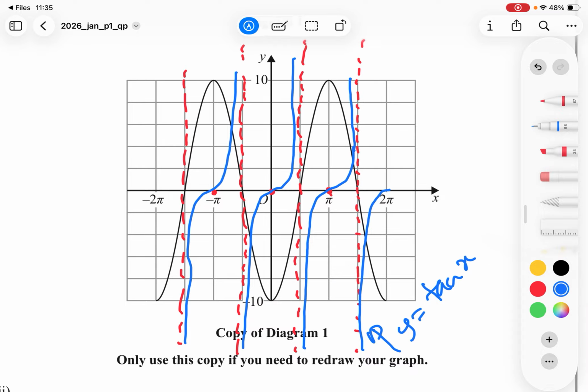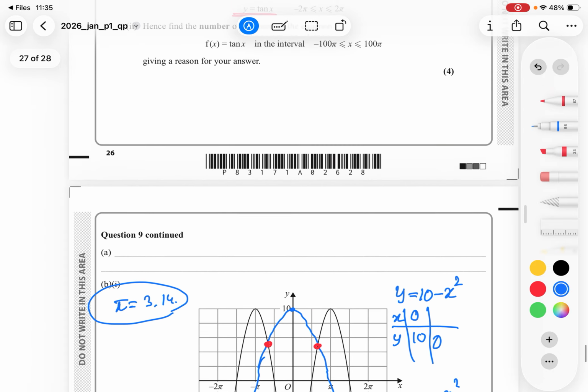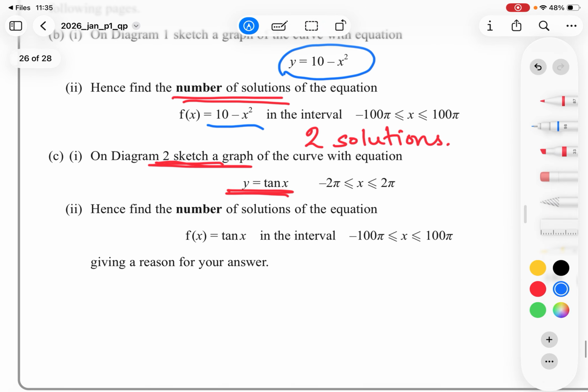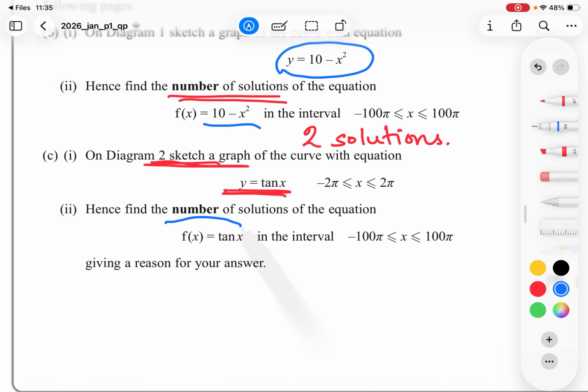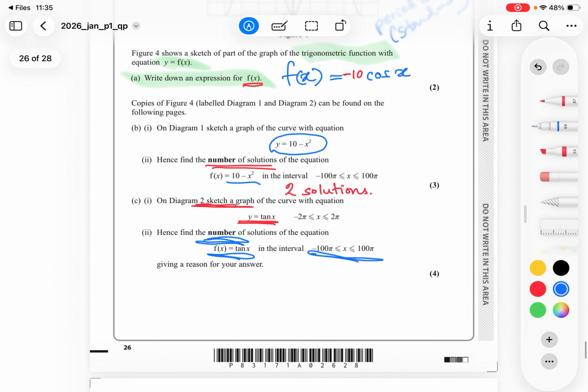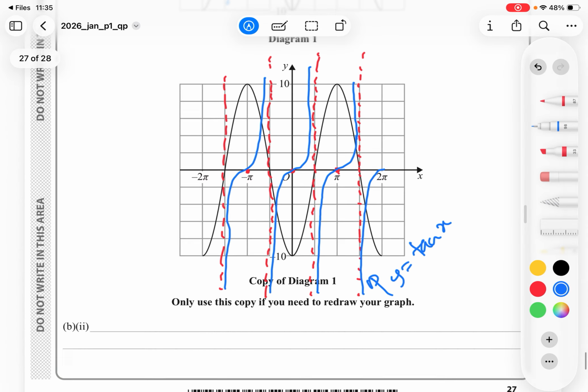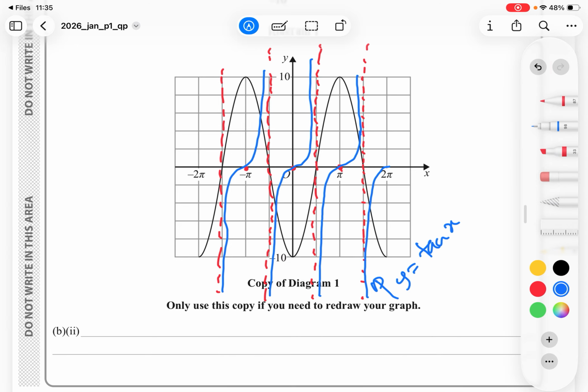Now we have done that. Now let's see what they are asking us. Find the number of solutions of the equation in this interval. Okay, let's see. If we really check in the interval of negative 2 pi to 2 pi, how many solutions do we have?